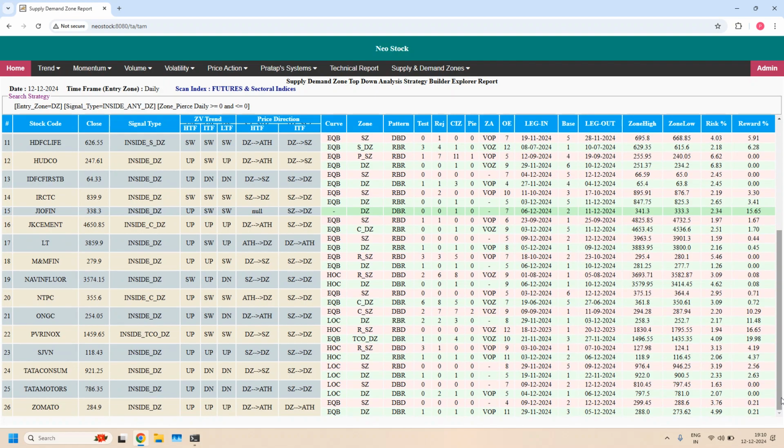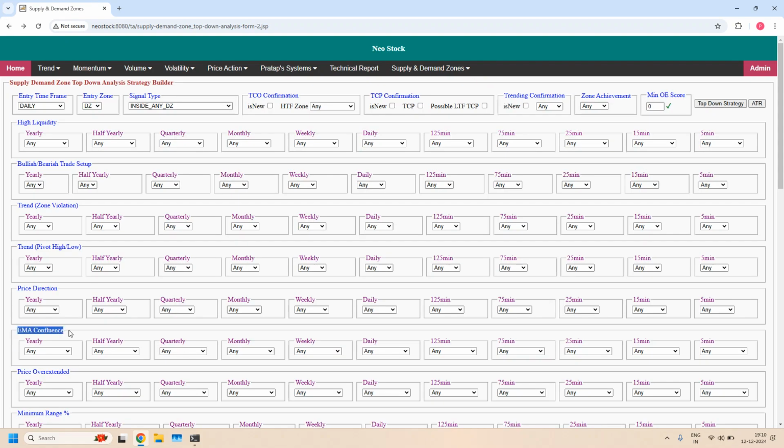We can further filter these stocks with the EMA Confluence. These are daily demand zones having daily EMA Confluence. Let us add that filter in the EMA Confluence at a daily time frame. Daily demand zone having daily EMA Confluence. And with the EMA Confluence, the trend should not be sideways.